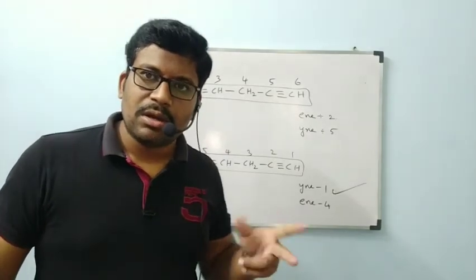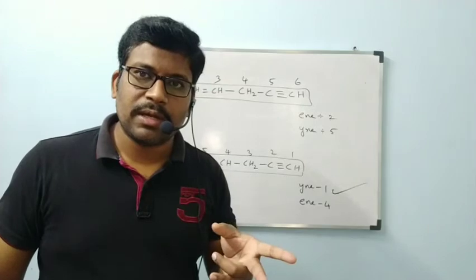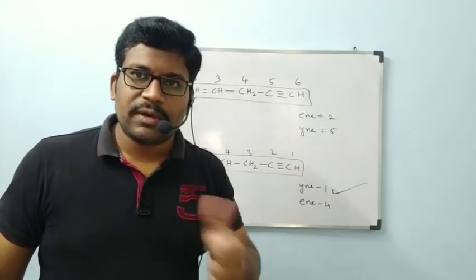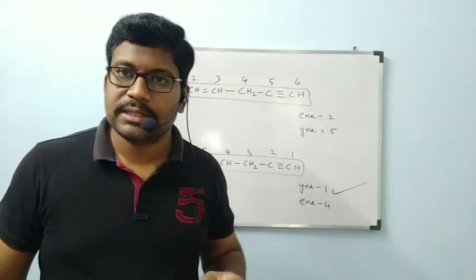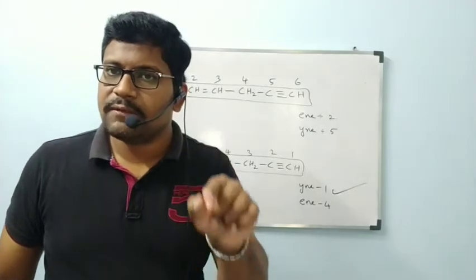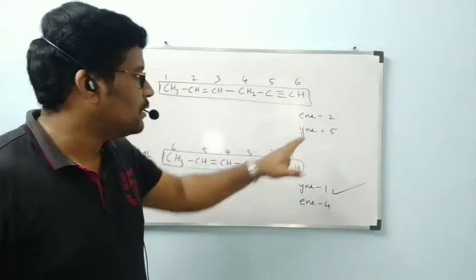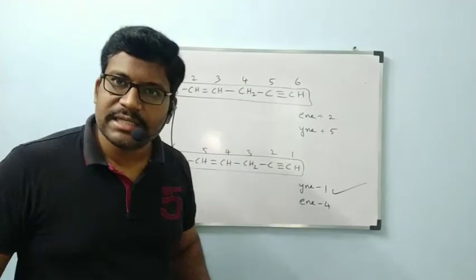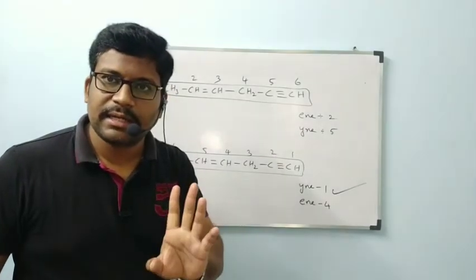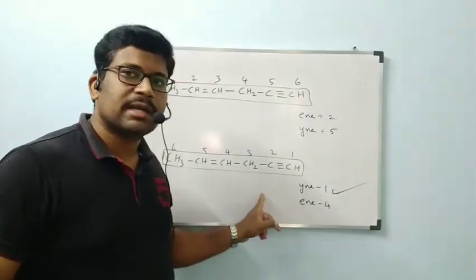Like that here, double bond and triple bond are equally important. Left to right and right to left are getting different numbers, so we select the least number. Out of 2 and 1, the least is 1. So this is the correct numbering.